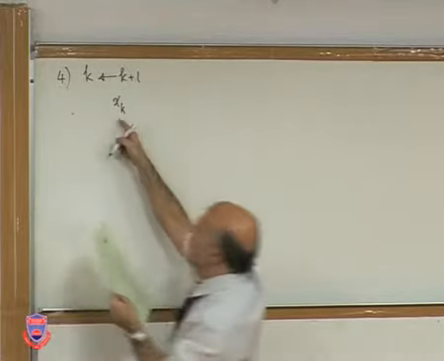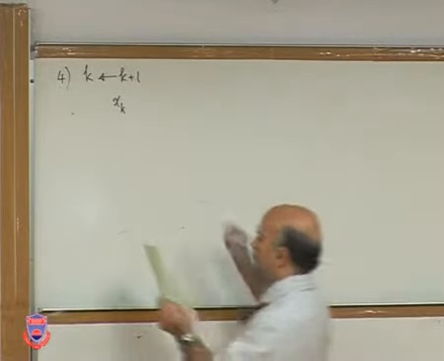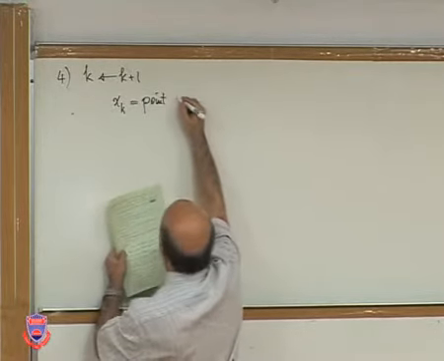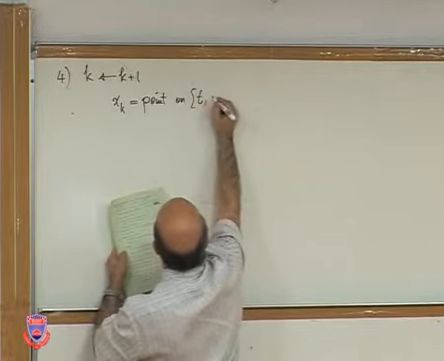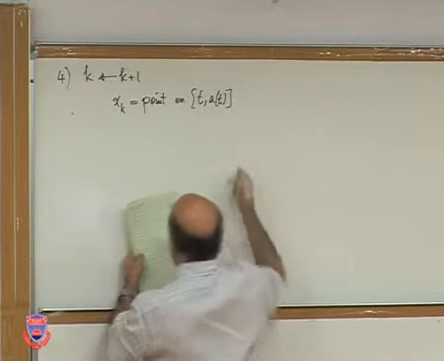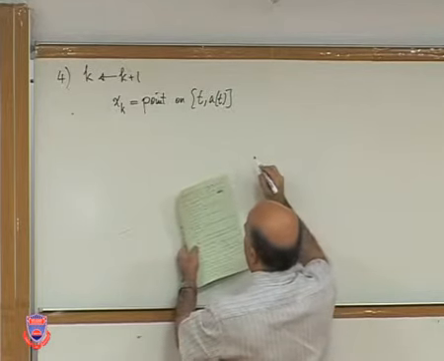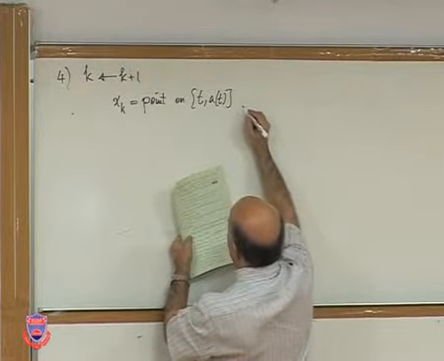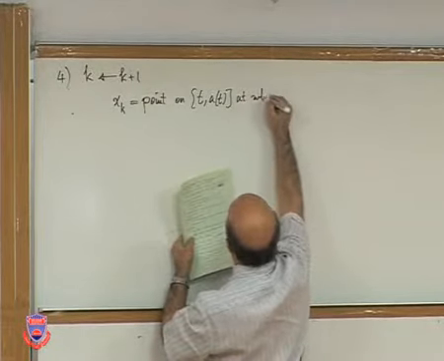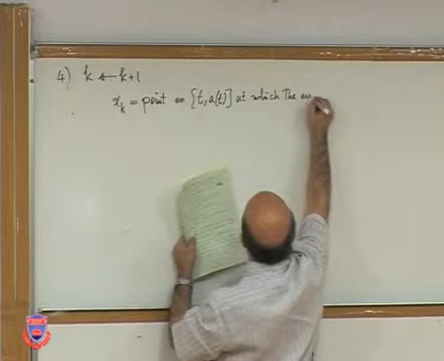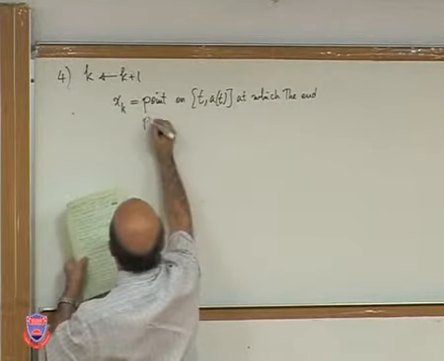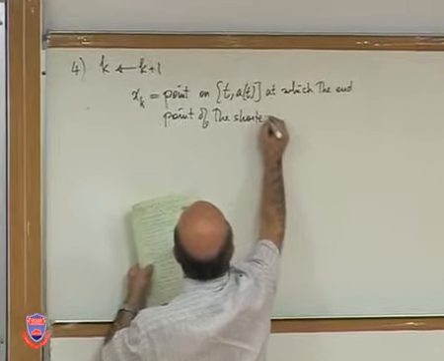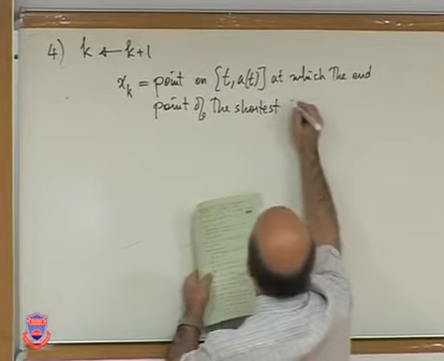You place a facility, the kth one, xk. You define it to be the point on the edge segment T_AT at which the endpoint of the shortest string reaches.